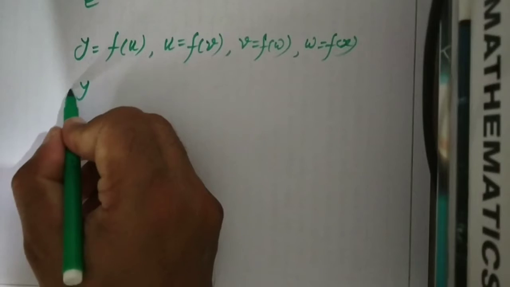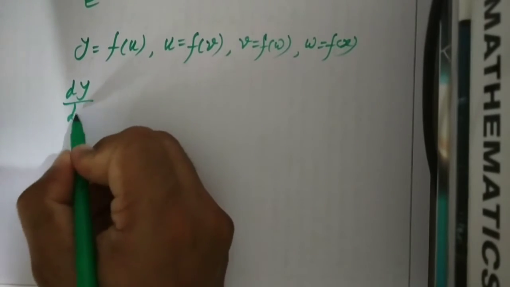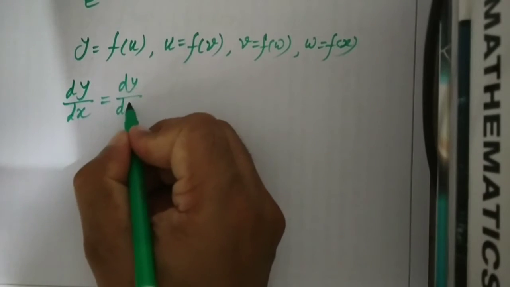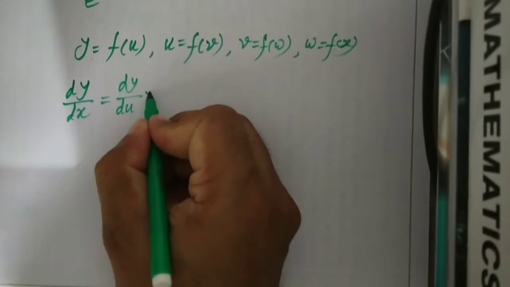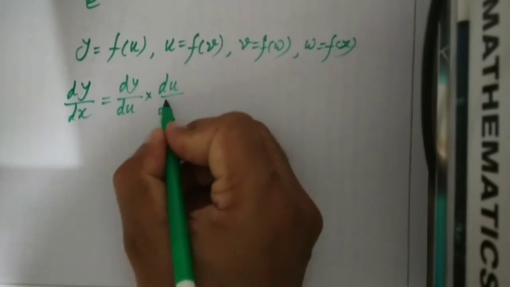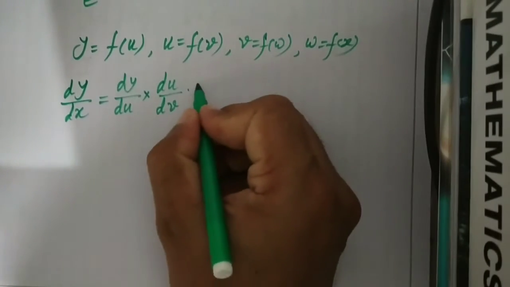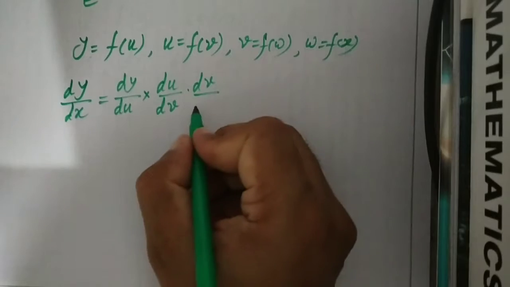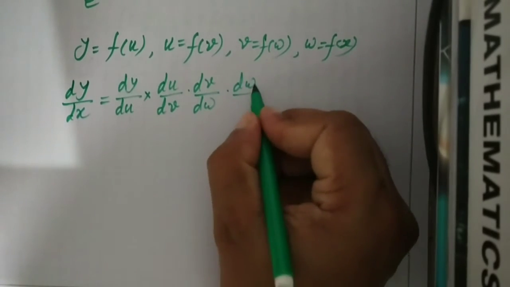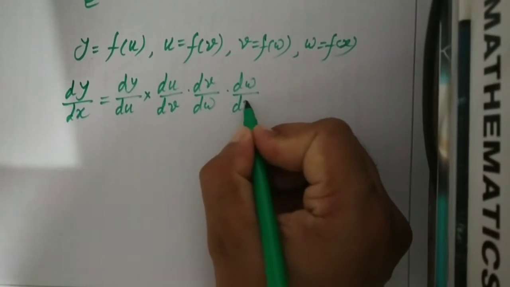To find the derivative of y with respect to x, y is differentiated with respect to u, then u with respect to v, v with respect to w, and w with respect to x.